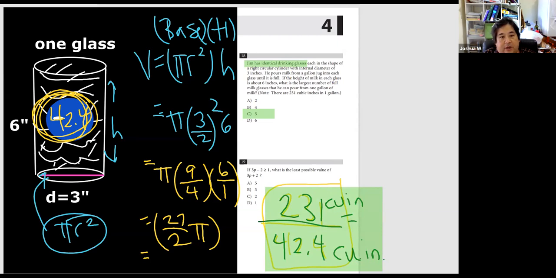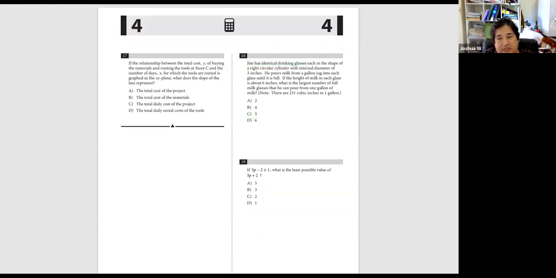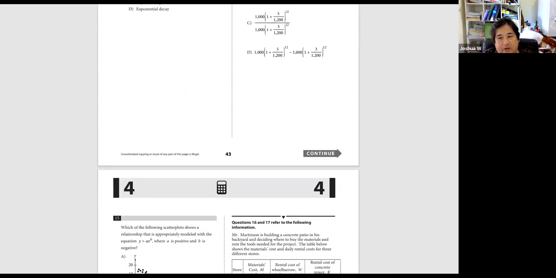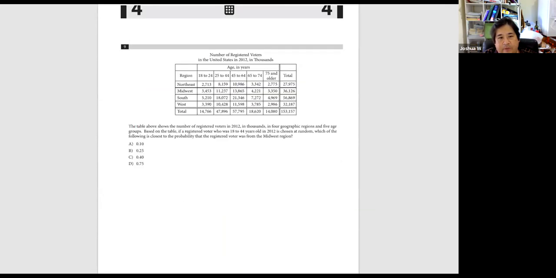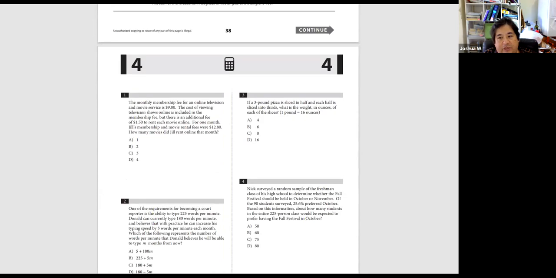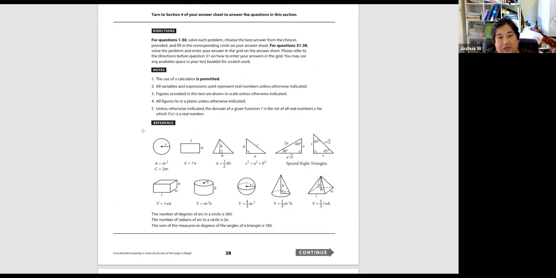Boys and girls, we made it to question 18. Very good. Just keep it organized. Remember that for section 4 especially, before we take a break, go back to the first page and remember, I can use the formula sheet. There it is.